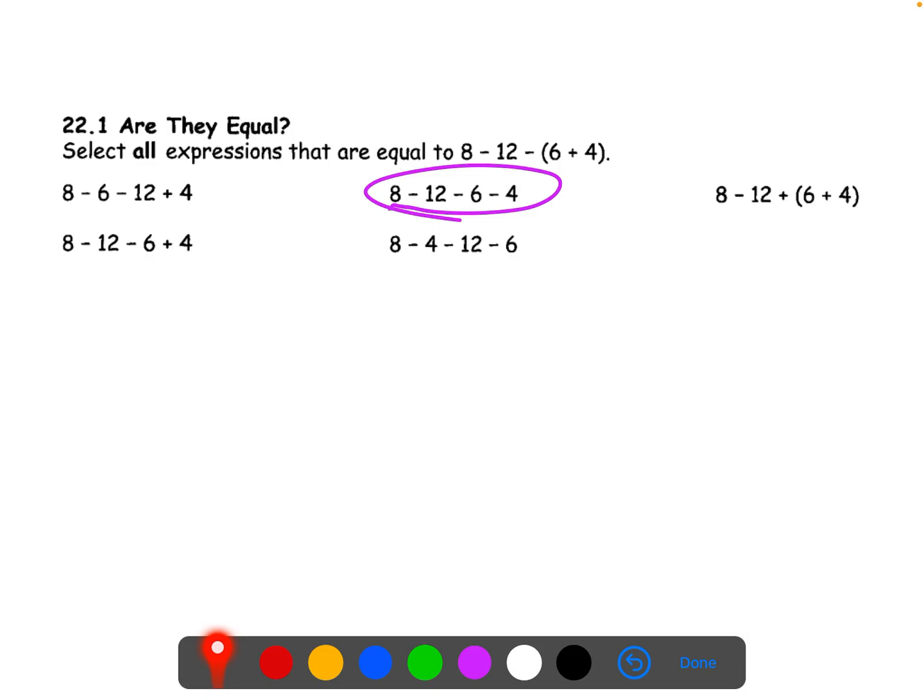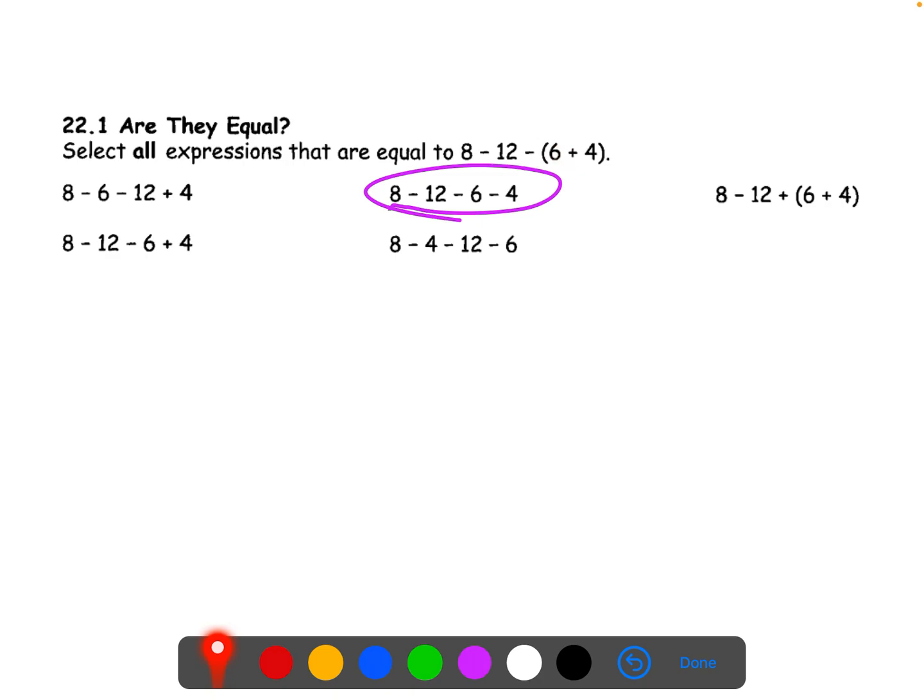All right, let's look at some other ones. So no place in this would we actually want to add in a quantity. If we start with 8, we take away 12, and then we take away 10 more, we're just continuing to drop the value. We're continuing to subtract numbers.